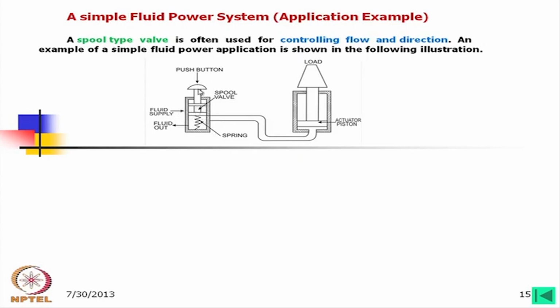This valve is a simple push button type. Now, fluid supply is here. If we push down, then this fluid will go to the system. Now, if we again remove the pressure on the push button, then this fluid will go out.